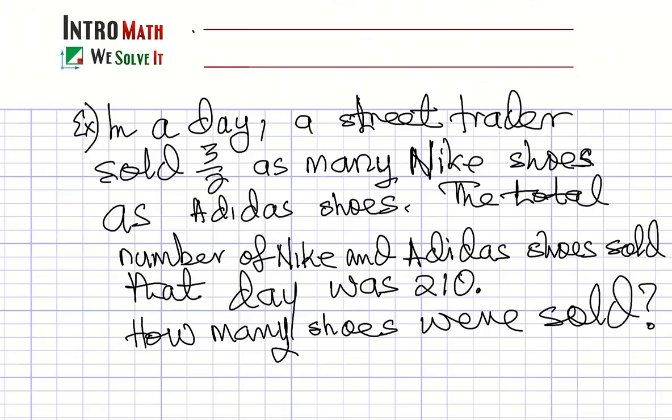All right, folks, let's look at this example here. It says, in a day, a street trader sold 3/2 as many Nike shoes as Adidas shoes. The total number of Nike and Adidas shoes sold that day was 210.